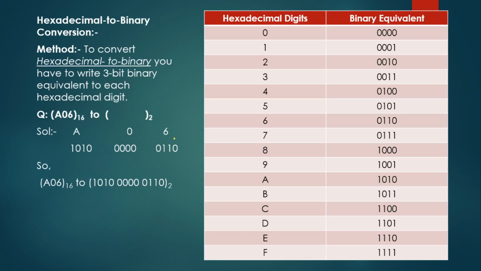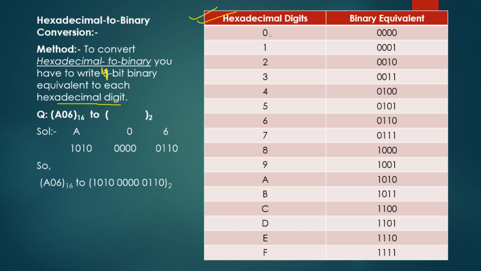Now next we have hexadecimal to binary conversion. If you want to convert hexadecimal to binary, you have to write the 4-bit binary equivalent of each hexadecimal digit. So this is the table you have to learn.